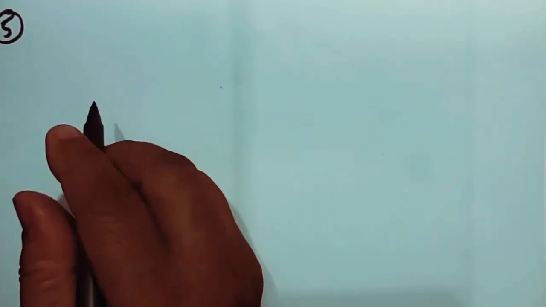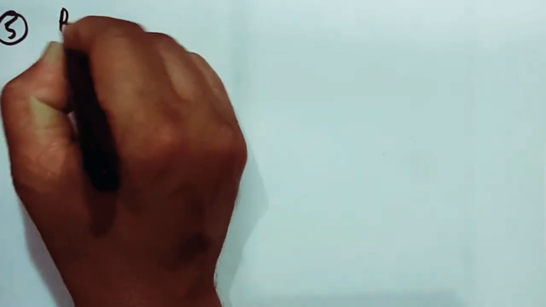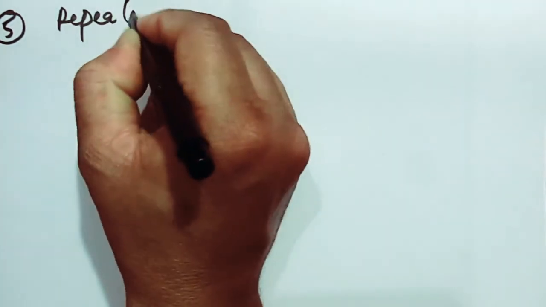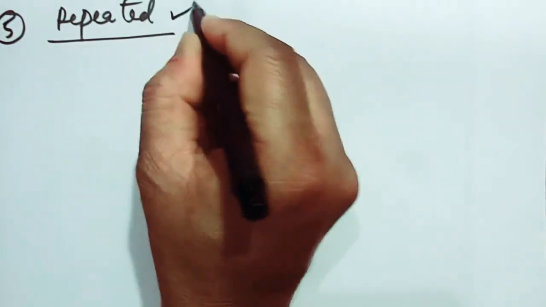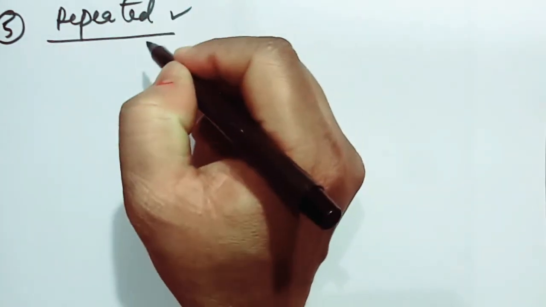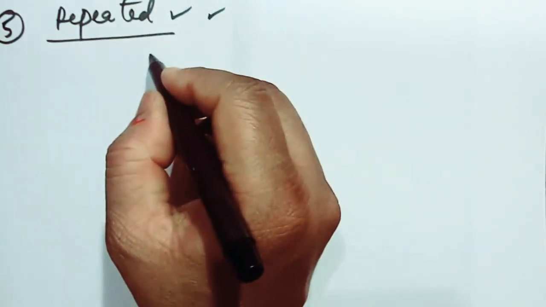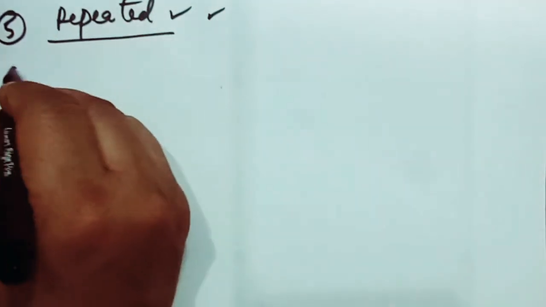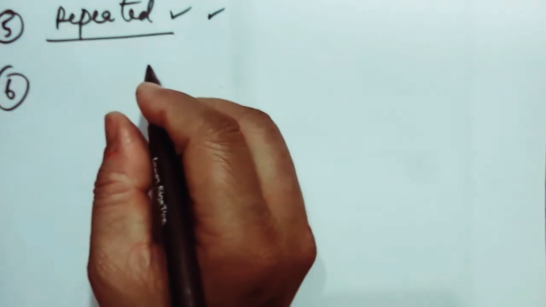Number 5 says an alloy, once again they have repeated the sum. Since they have repeated the sum, naturally please look at the previous one to solve this. Okay, let's come to the sixth one. An ore contains 15% iron.